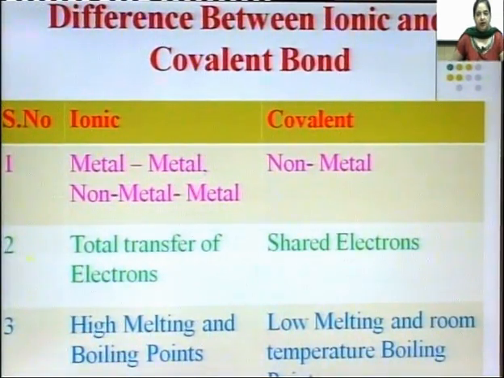Difference between ionic and covalent. Ionic: first, metal and non-metal. Second, total transfer of electrons. Third, high melting and boiling points.